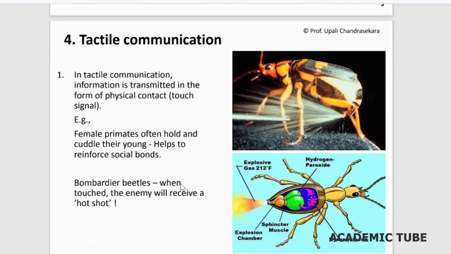Now, what is tactile communication? In tactile communication, information or the signal is transmitted in the form of physical contact, touch stimuli, right? Now, I'm going to give you two examples in this case. The female primates, the monkey mothers or the langur mothers or chimpanzee mothers, what they do usually is that they hold their babies, right?